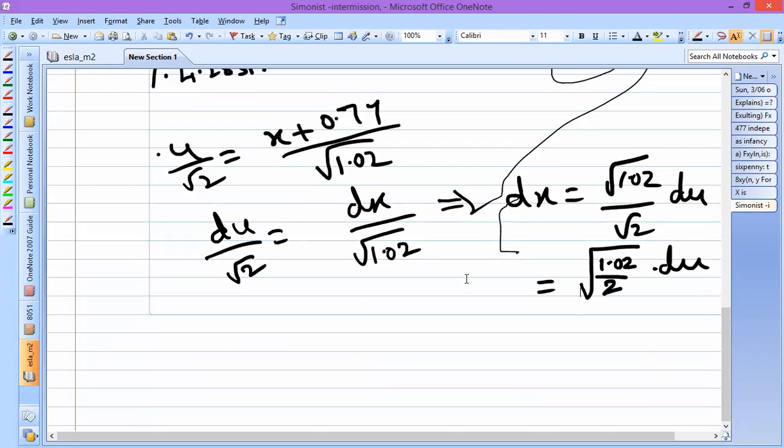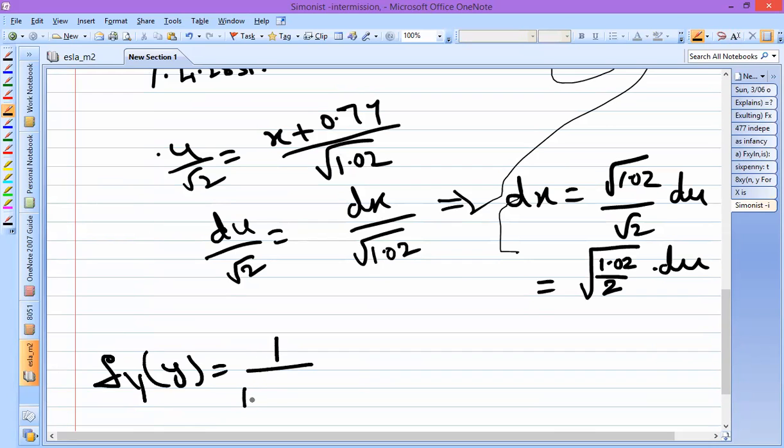With this substitution, in the next step we can write the marginal PDF f_Y of y as, outside the integral we had 1 divided by 1.4283 pi, e to the power minus y square by 2 as common.